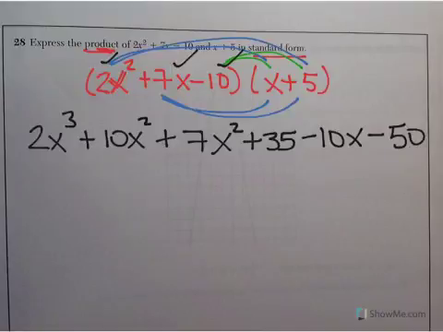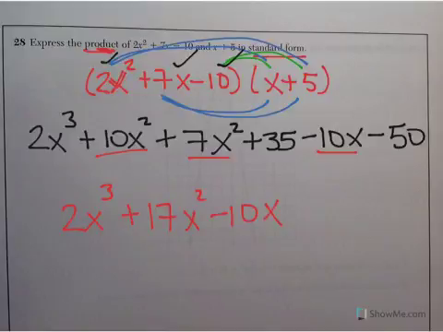Now all I have to do is combine like terms. Okay, so with the 2x cubed, there is no other cubed term, so that's the only term that I can put first. 10x squared is like terms with 7x squared, so when I add those two together, I end up with 17x squared. Then comes my x term, negative 10x, and I want to put this in order from the highest exponent down to the lowest. That's why I have 10x next.